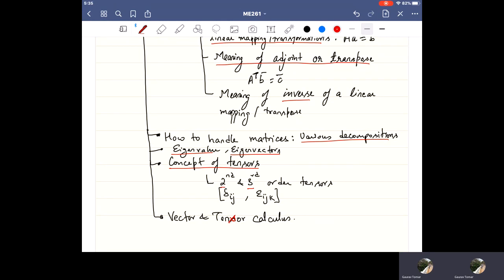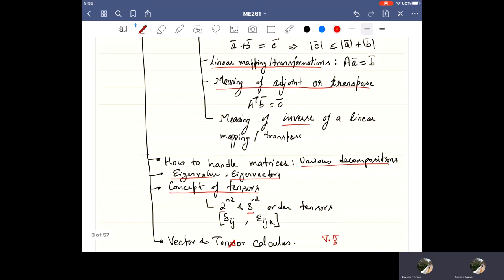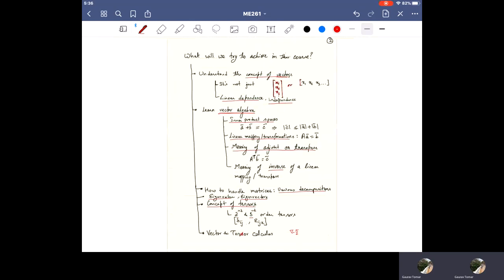How does it change its properties as you move in space? For example, when people talk about stress, the body force that you get because of a distribution of stress is given by del dot sigma, right? So it's a gradient of sigma. How to do the calculus in a convenient fashion, we'll see.